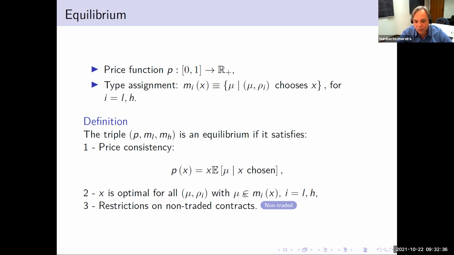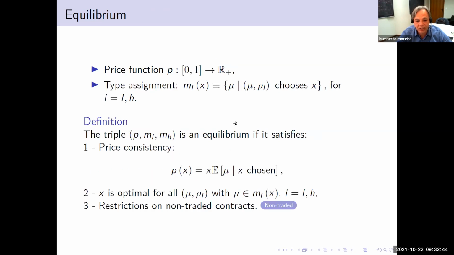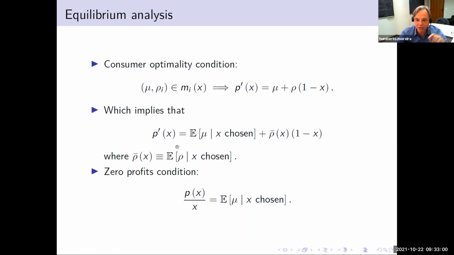So mu is associated exactly to this level x. You also have a restriction off the equilibrium path that essentially says that the prices off the equilibrium path should be priced by the type that has the highest willingness to pay for that coverage, right? I'm not going into the detail because I don't have time to do that.